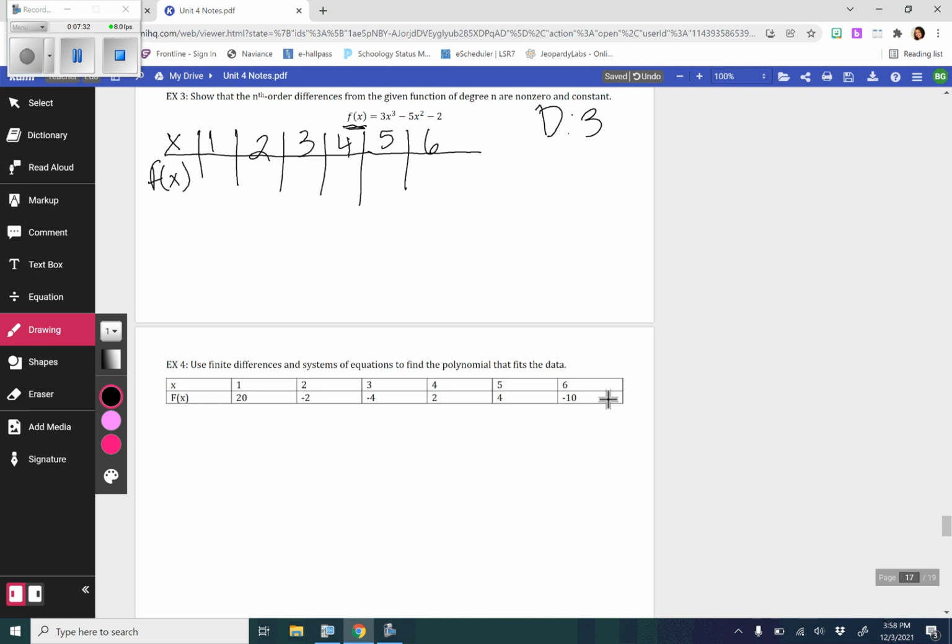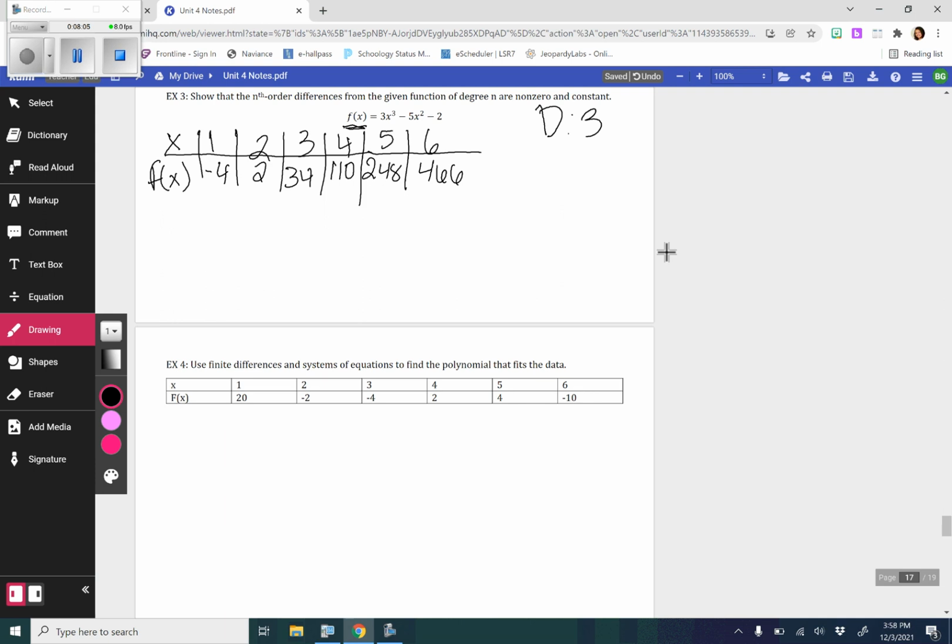Now remember, to get your y values, your f of x, you take your x's and plug them back into where you see x in the function. So we should get -4, 2, 34. These values will get large a little bit. 110, 248, and then 466.